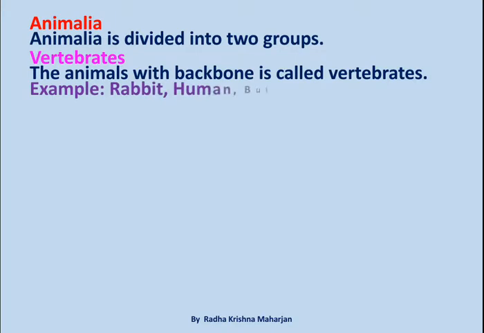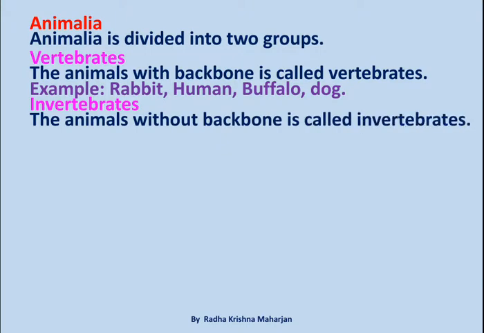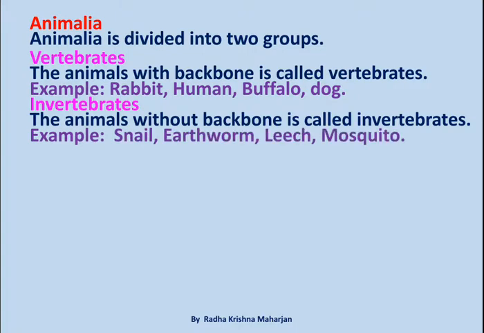Example: rabbit, human, buffalo, dog. Invertebrates. The animals without backbone is called invertebrates. Example: snail, earthworm, leech, mosquito.